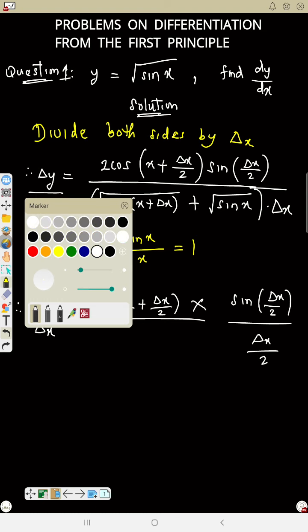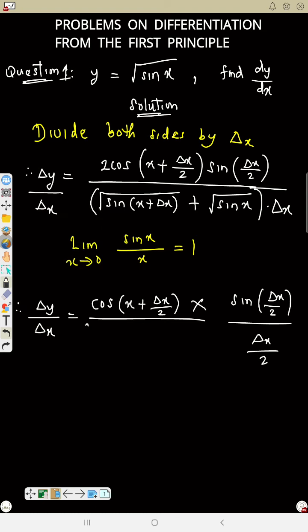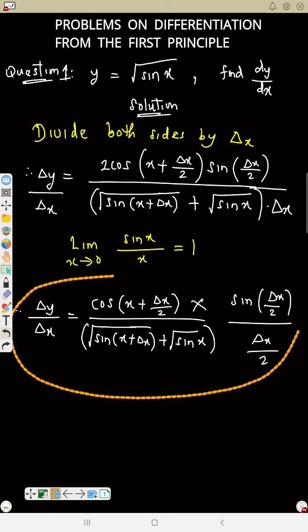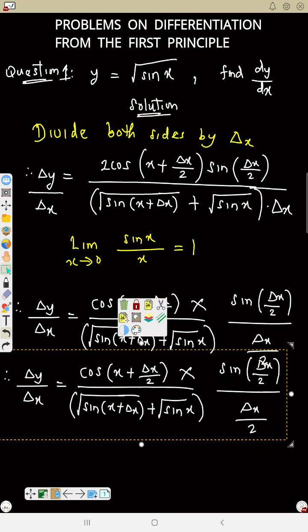So then let me rewrite this one. Square root of sine s plus ds, plus square root of sine s. So like this. Now we will say limits dy ds as the s tends to 0.